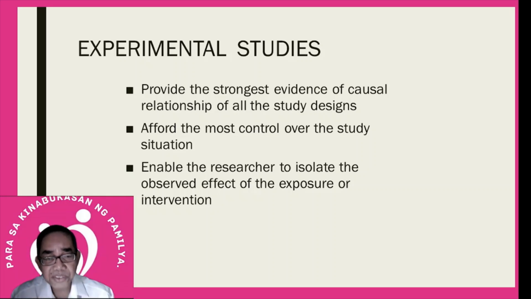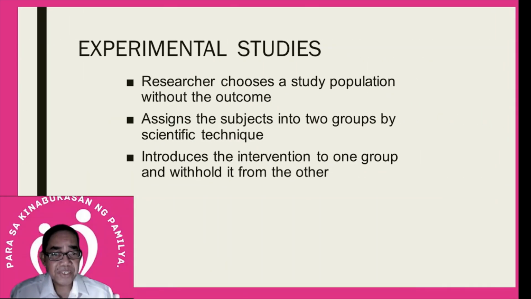And how does the researcher isolate the effect of the exposure or the intervention? The researcher chooses a study population without the outcome, very much like a cohort study. We begin with people without the outcome, and then we assign the subjects into two groups by a scientific technique called randomization.